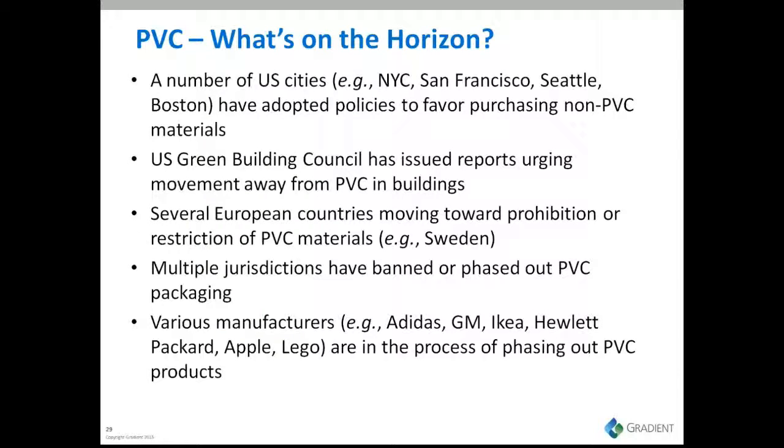So what's on the horizon for PVC? I think we can expect more and more restrictions. A number of U.S. cities have adopted policies to favor the purchasing of non-PVC materials. The U.S. Green Building Council also has issued reports urging movements away from PVC. Several countries, including I think most notably Sweden, are moving towards prohibition or restriction of PVC materials.